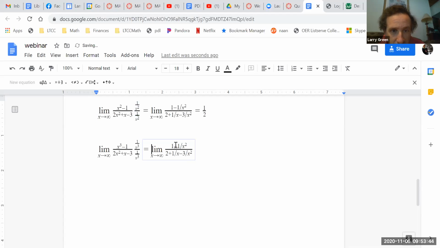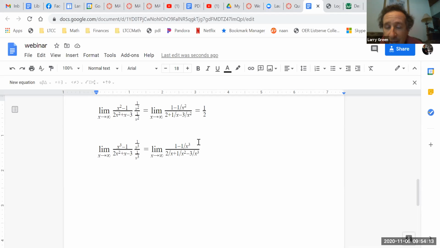So now we're going to have a 1 minus 1 over x cubed over 2 over x plus 1 over x squared minus 3 over x cubed. Now what happens when you plug in?